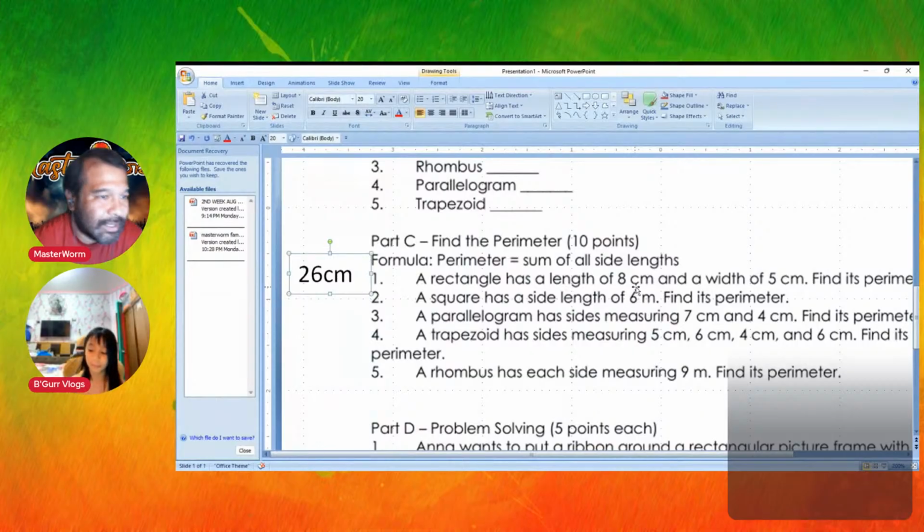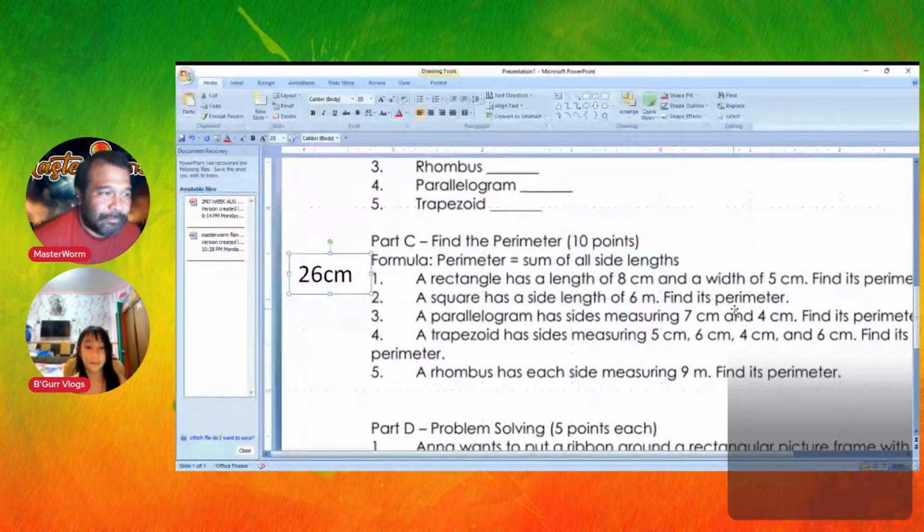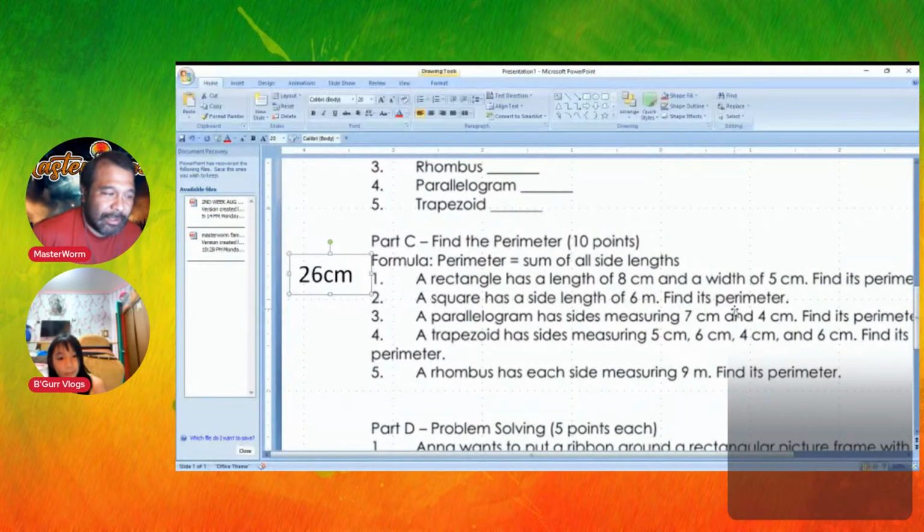A square has a side of 6 centimeters. If the square has a side of 6 centimeters, what is its perimeter? How many sides are there in the square? Listen to me.